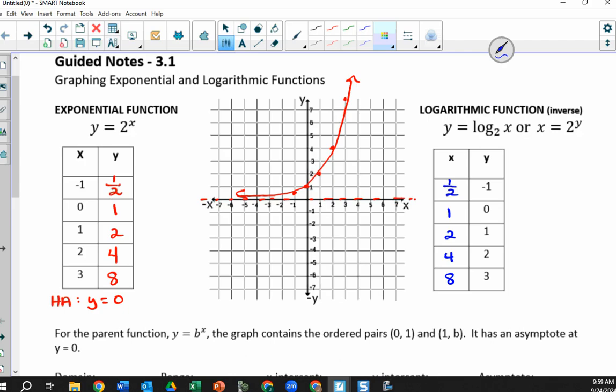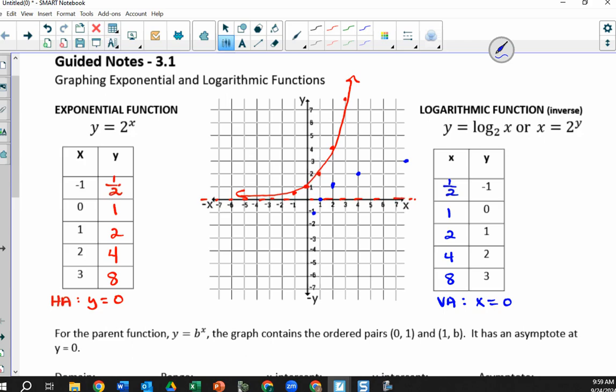So over 1/2, down 1, 1, 0, 2, 1, 4, 2, 8, 3. Okay, and the exponential graph had a horizontal asymptote. What kind of asymptote do you think this is going to have? Vertical, yes. So your log graphs have a vertical asymptote.